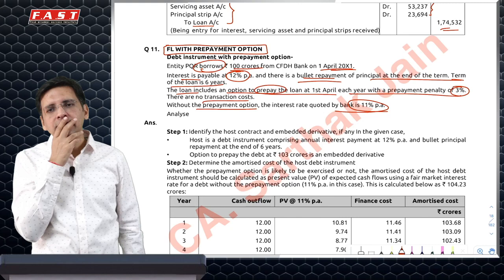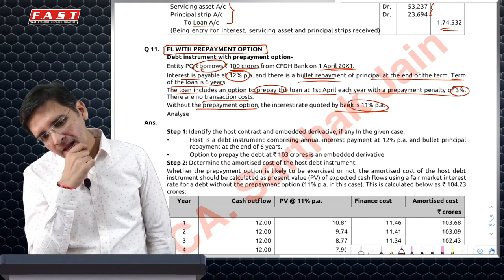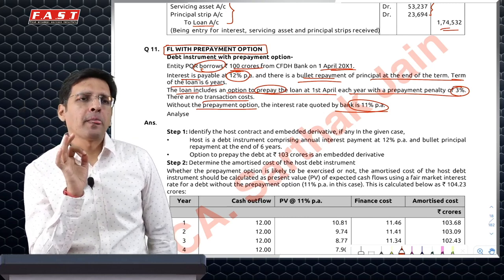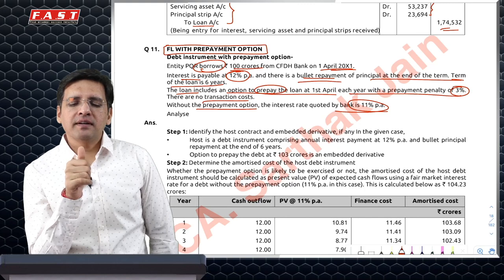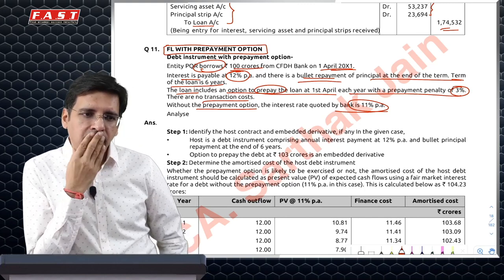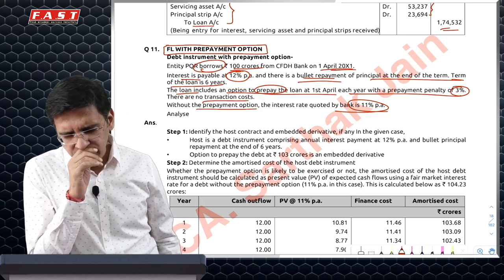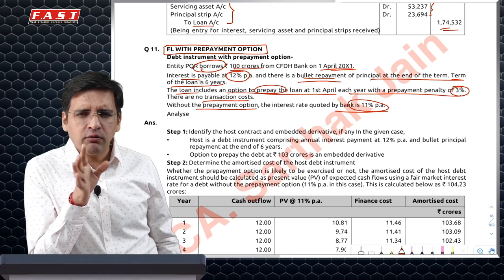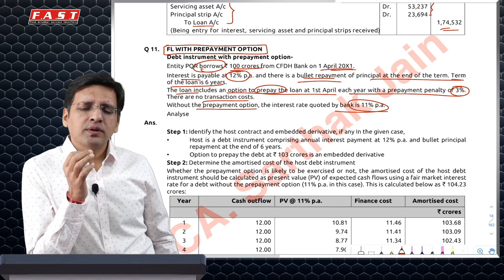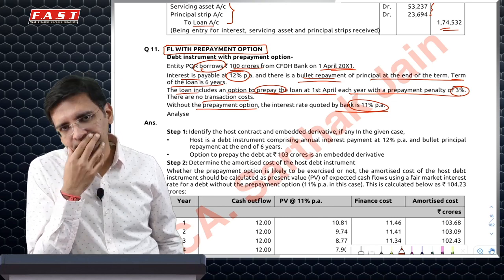Now the question which comes is, I have taken a loan wherein I am giving a higher interest rate and I will also pay a 3% penalty, just to get one option to pay the loan early if I want. That means to get this prepayment option, this is the premium which I have paid.